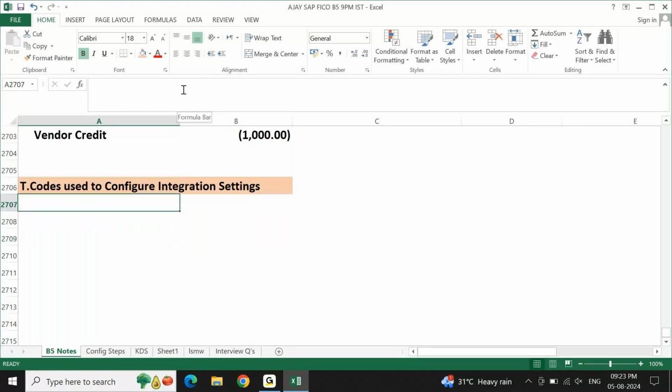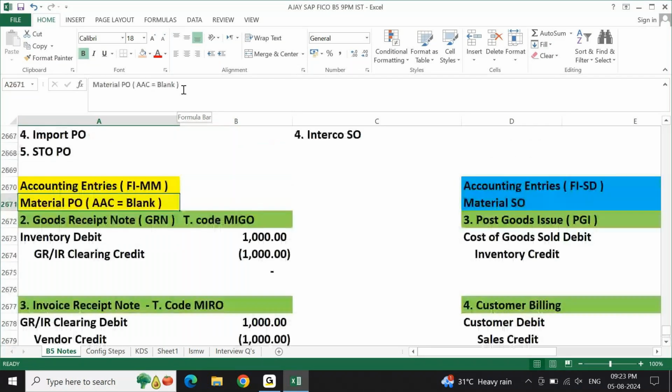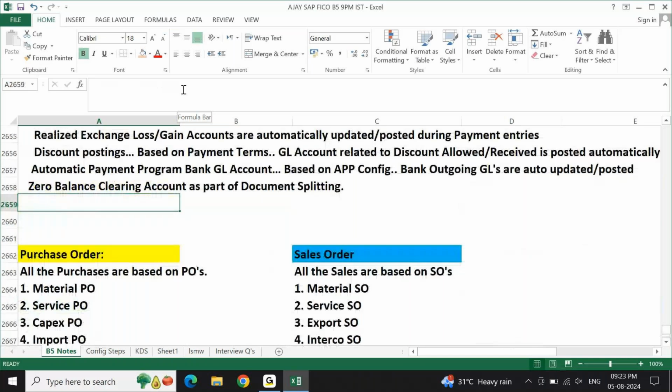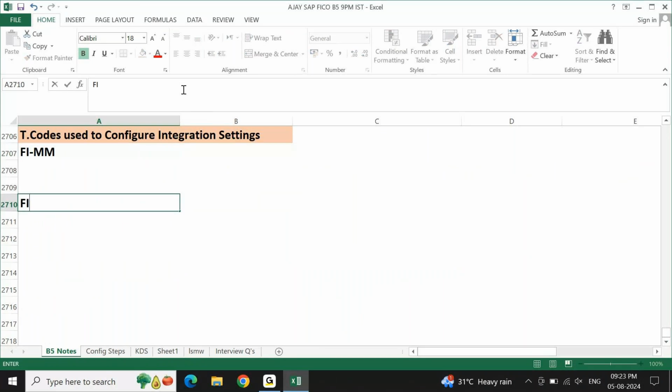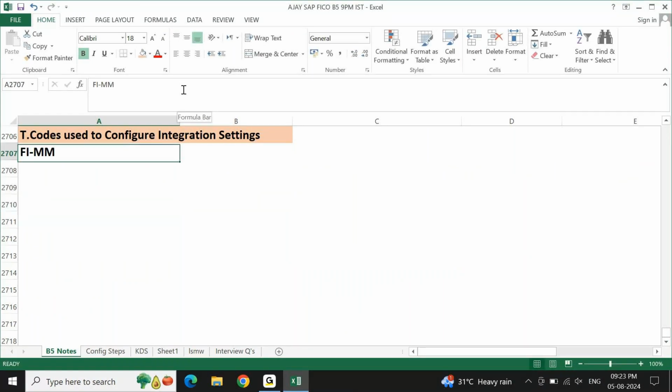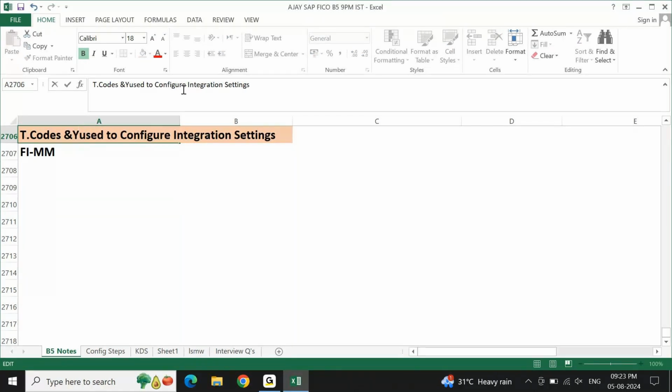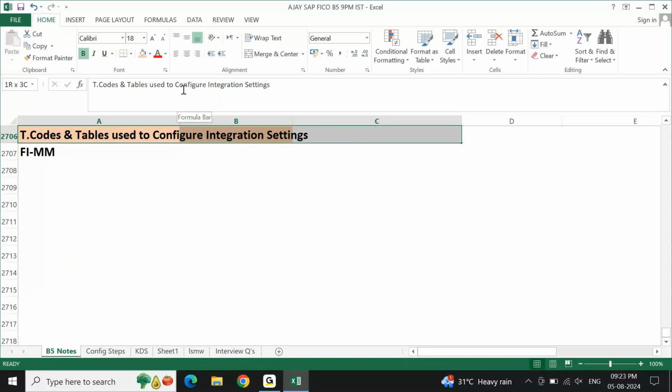Now, first one, FIMM T codes and tables used to configure FIMM integration. Okay.